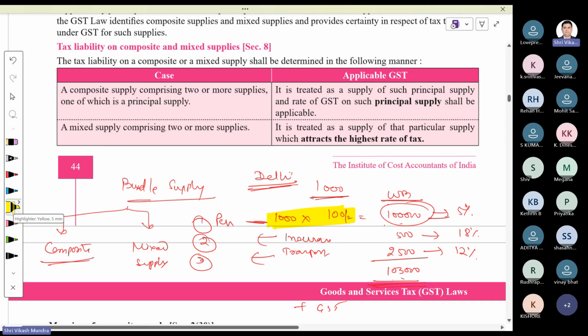In that case, since the principal supply is there and other services or other supply involved in the bundle are ancillary to that, that is the case of composite supply. In case a bundle is treated as a composite supply, then the rate which is applicable on the principal supply would be applicable on the entire value.